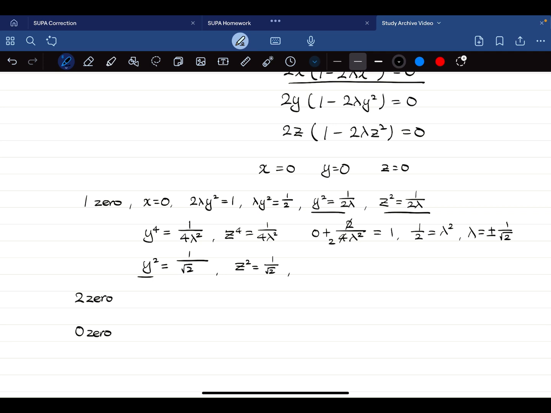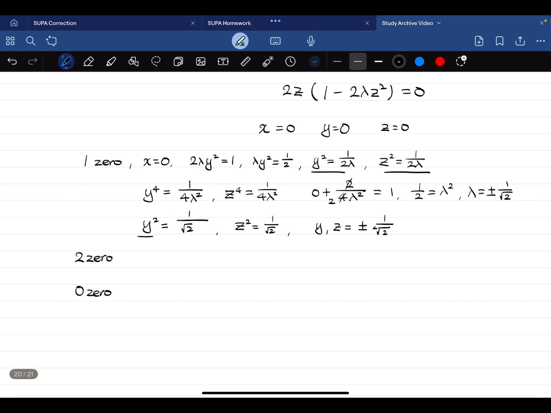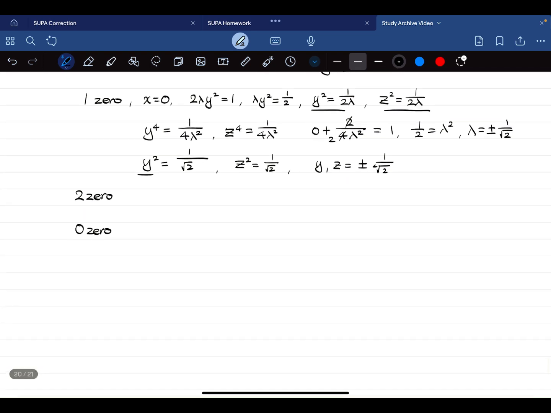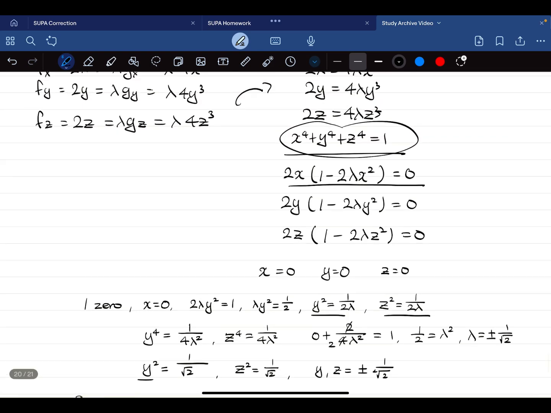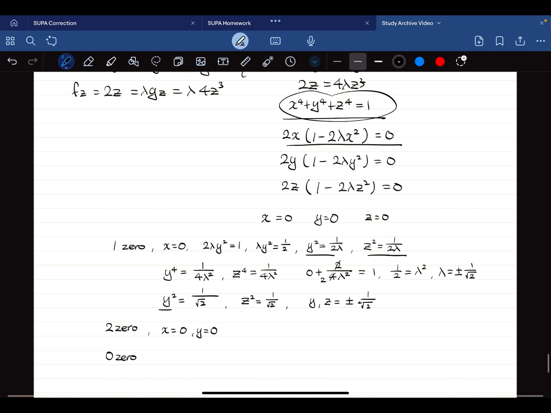And the same is going to happen for z, which basically means that y and z are both plus or minus the 4th root of 1 over 2 root 2, whatever you like to pronounce this.